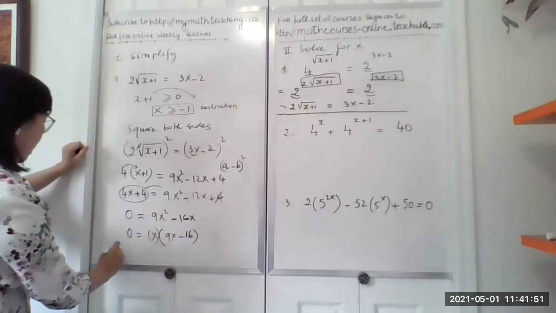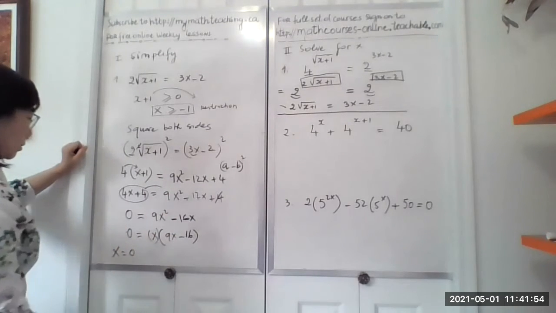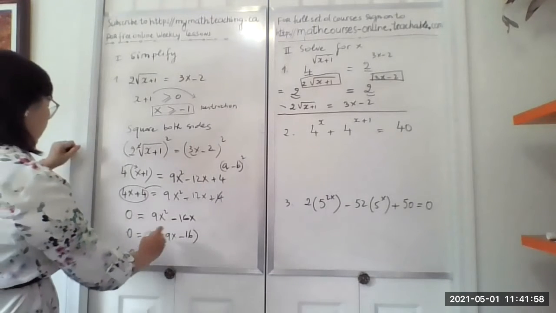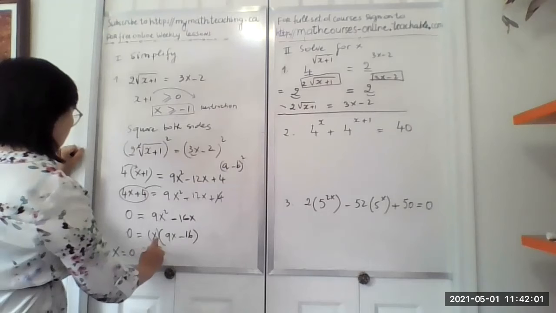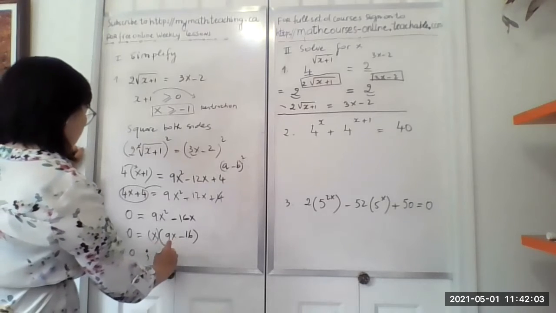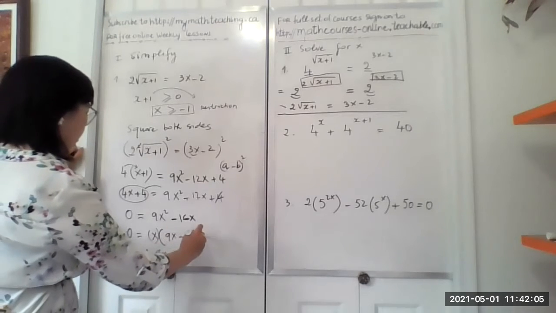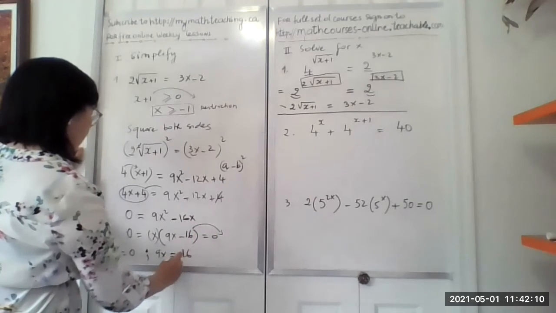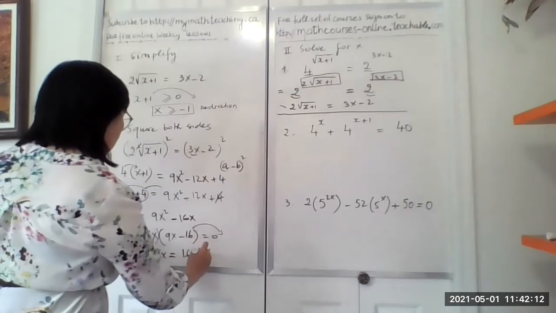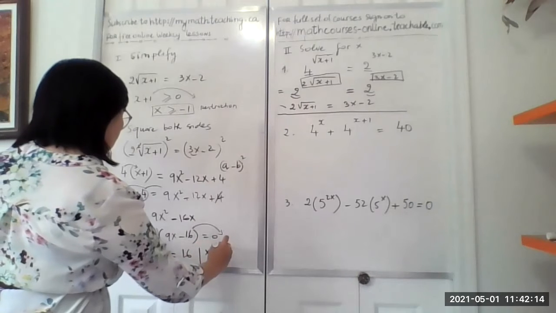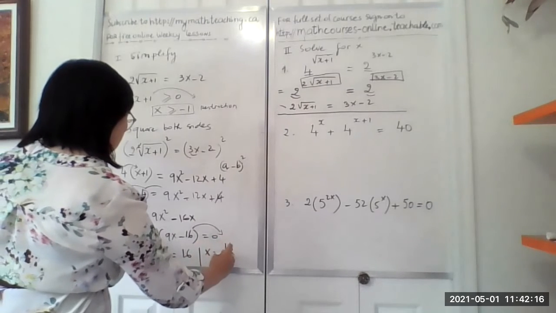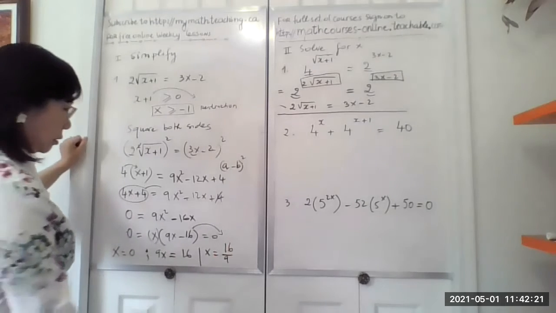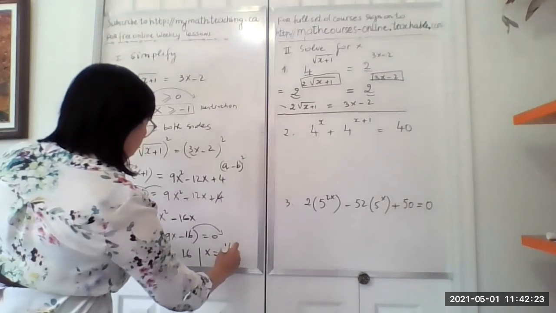So x1 will be equal 0. That's x. And another x will be: 9x equal, if I set this equal 0, I move this over, so 9x will be equal positive 16, and x will be equal 16 divided by 9. Divide both sides. No, I cannot do anything more. So that is the answer.